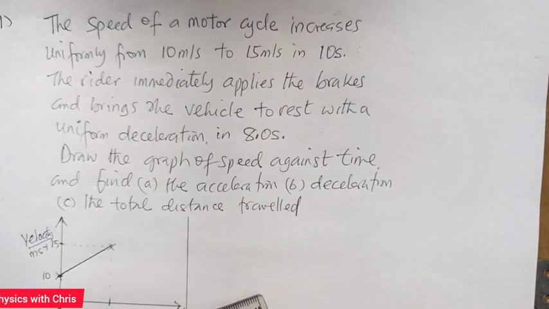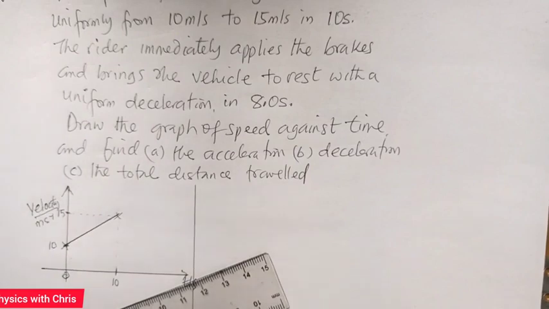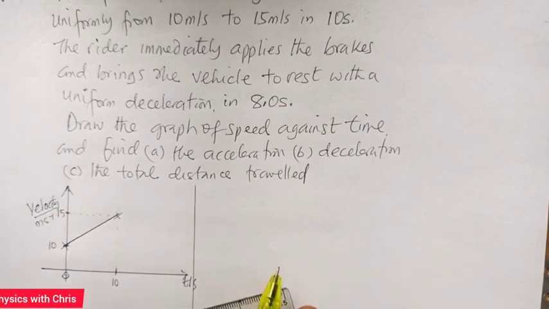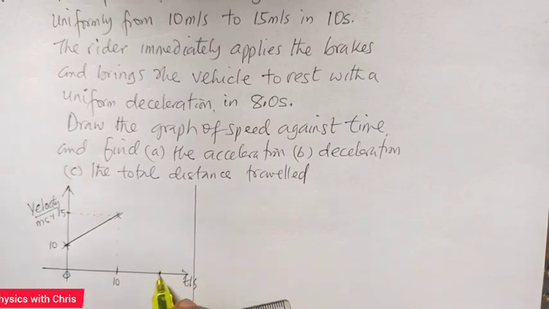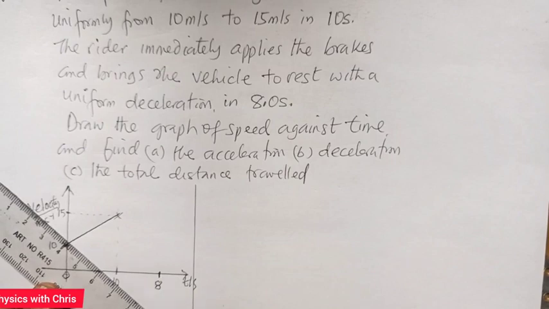So I'm going to add that 8 to 10 because it's a continuous thing. The cyclist did not stop by the wayside and then reapply the brakes. No, while it was in motion, the brakes are applied, immediately after 10 seconds. And for the next 8 seconds, the motorcycle decelerates uniformly.